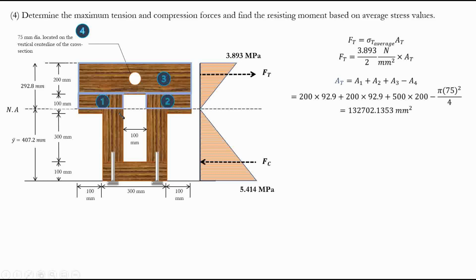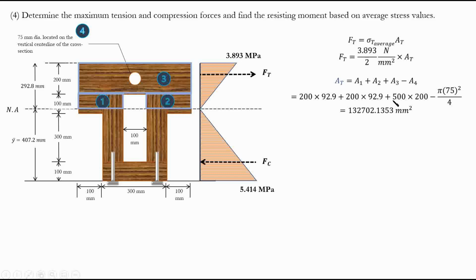How do we calculate that? Simple. This is 200 multiplied by this value. You can calculate it based on this: 292.8 minus 200. So 200 times 92.8, and then we have 200 again times 92.8. Probably it's a typo here, 92.8, but it doesn't make much difference.